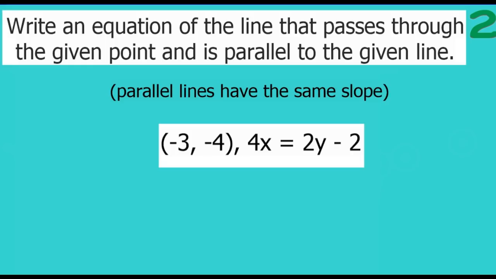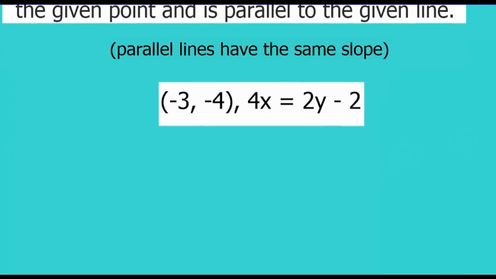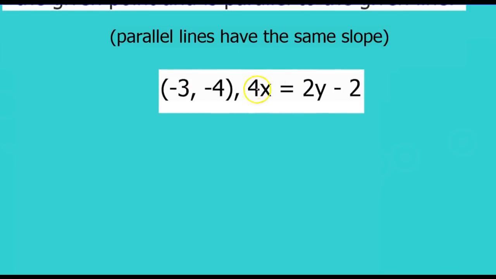Alright, this first problem says, write an equation of the line that passes through the given point and is parallel to the given line. So we have to look at our equation. Now this equation is not in y equals mx plus b form yet. But what we can do is move our negative 2 over to the other side by adding it.